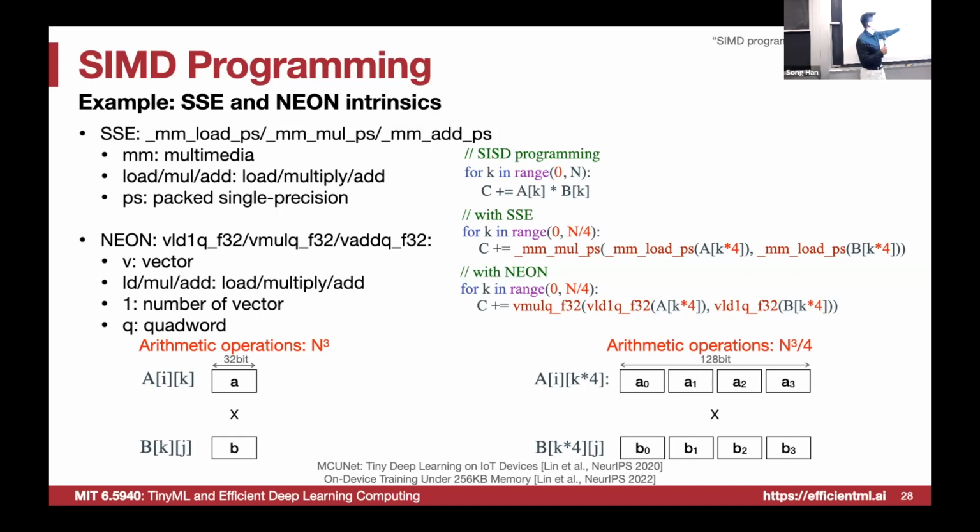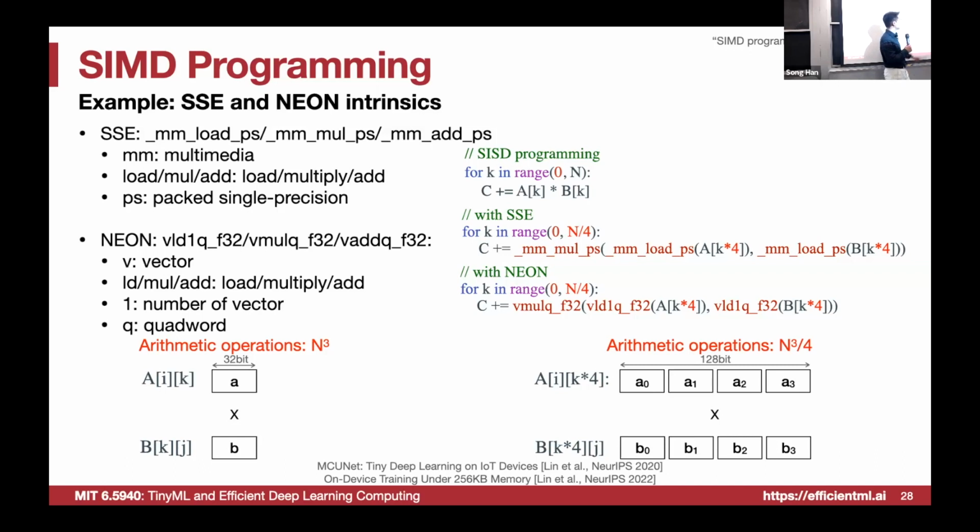The NEON instruction is very similar, just with different naming. Here V stands for vector, not just a single scalar, but a vector. This is load, multiplication, add, and this Q is for quad word, so every instruction is dealing with four words together. 32 means each one is a 32-bit single precision floating point.